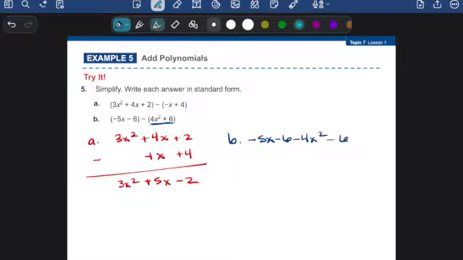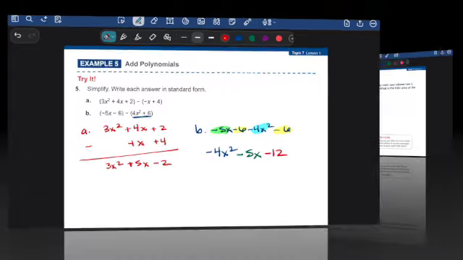I only have one x squared term, so I'm going to bring that down first because that is my highest exponent. Then I'm going to look at my linear terms. I just have one, so I'm going to bring that down, and that's negative. And then I have my constants, negative 6 and negative 6. I'm going to bring them down and add them together, and I get negative 12.